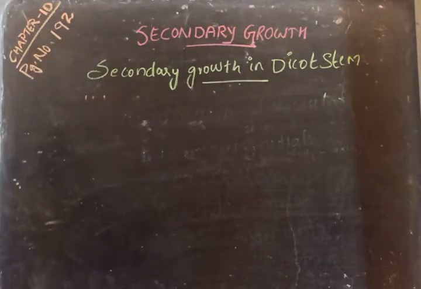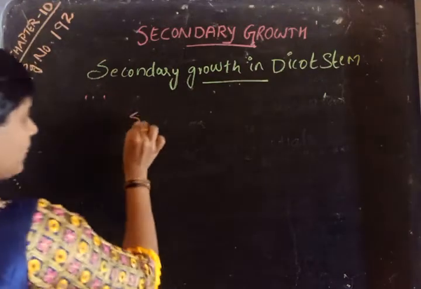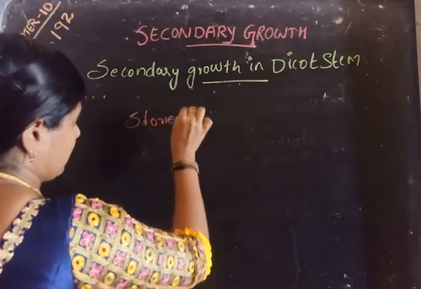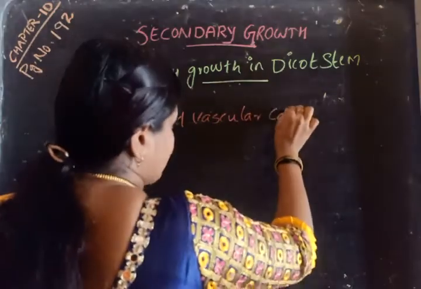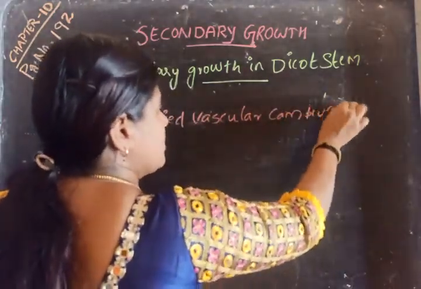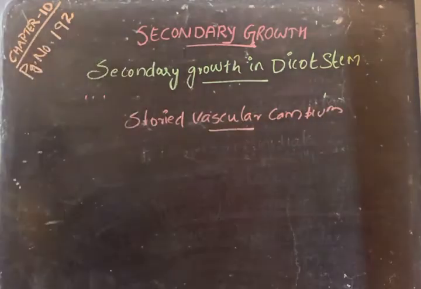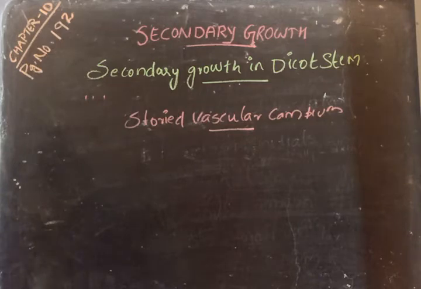In storied vascular cambium, the fusiform initials are arranged in a tangential manner. That means the fusiform initials are arranged in horizontal tiers, with the ends of the cells of one tier appearing at approximately the same level in a tangential longitudinal section. This type of arrangement is called storied cambium.